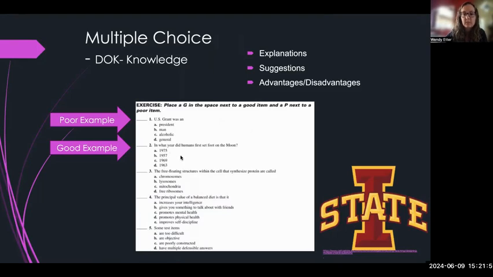But overall, that is a pretty good question. If you click on the link here, you can go to Iowa State's link, Iowa State University. They have a great website that you could bookmark about writing multiple choice questions and evaluating strong quality test items.